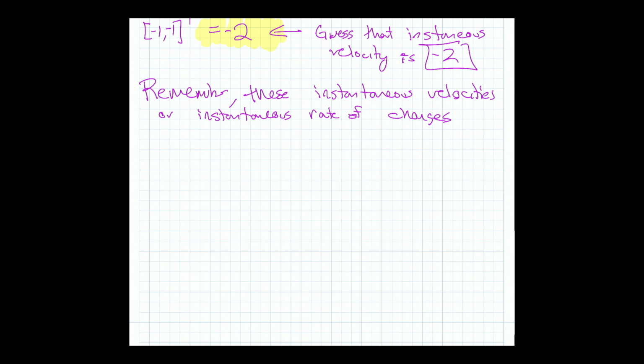Instantaneous velocities or instantaneous rates of change, they are slopes of tangent lines on a graph.